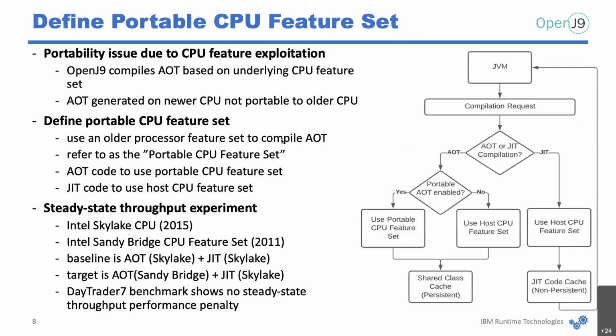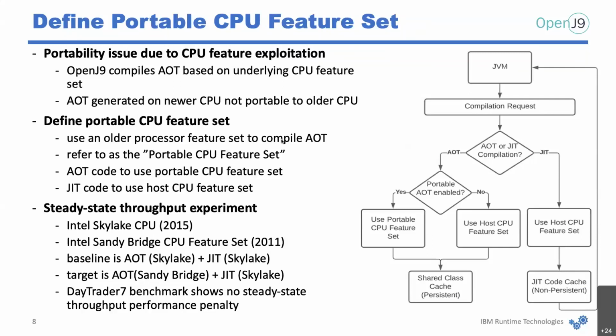If it's an AOT compilation, then it's going to check whether we want portable AOT or not. If we don't want portable AOT, we're still going to use the underlying CPU's feature set. Otherwise, we'll use the portable CPU feature set. In the end, we store the code in the shared class cache.